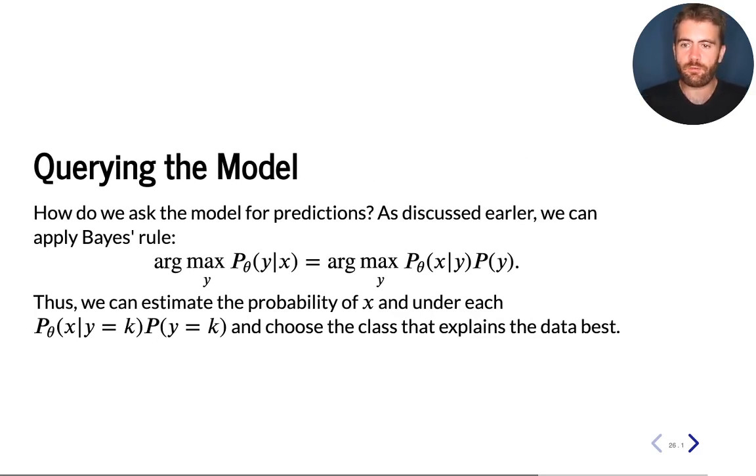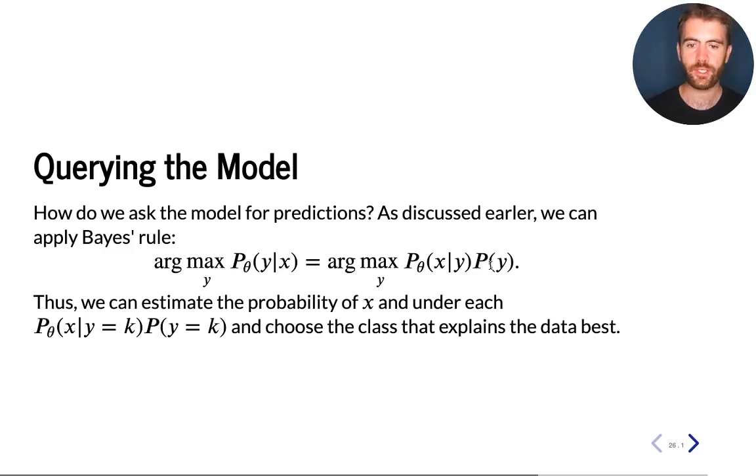So now that we have parameters for our model, how would we obtain predictions from this model? Let's say that we have an input x, and now we want to compute the class y. Well, as I mentioned earlier, we can apply Bayes' rule to invert this probability, and now it looks like probability of x given y times probability of y.